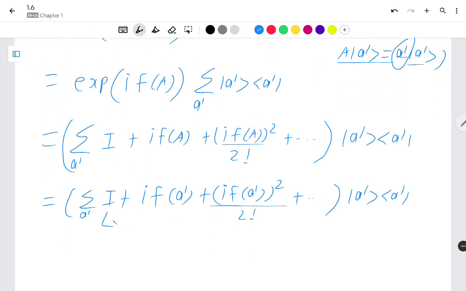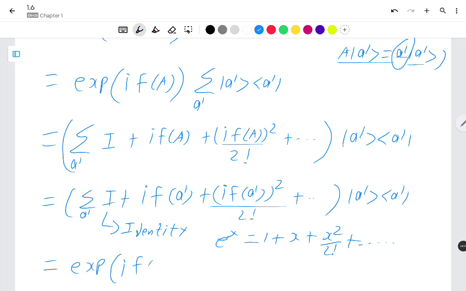This is identity. We can close this identity and it will be back to the exponential part, but just notice this slight change. It is now an eigenvalued function.